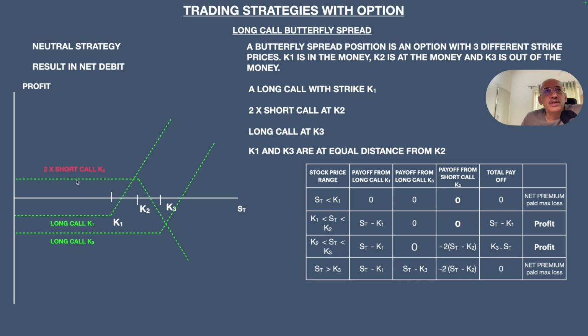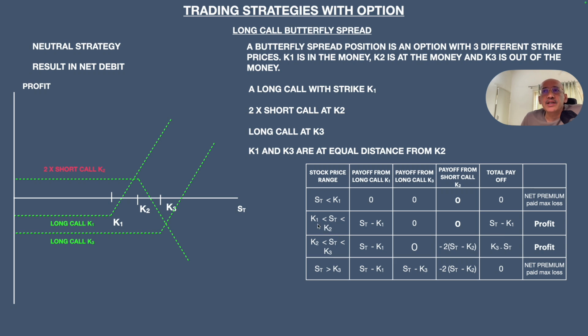Hence, you keep the premium, the difference in premium of two short minus two long calls. So this is the net premium which you are going to pay, because the short call at the money is always very costly, which you are going to sell, and two long calls will be there. So you are going to pay a net premium of about the difference in the premiums here.